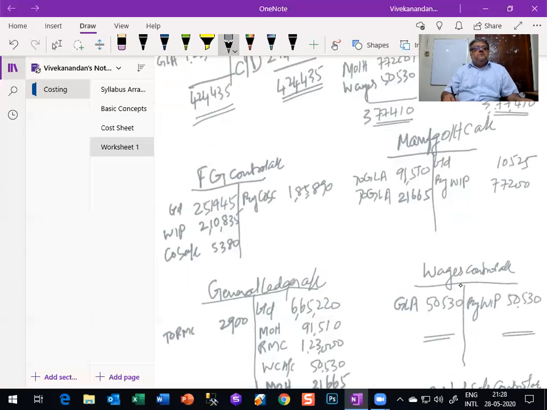Let's put the finished goods control account. 251,945 plus 210,835 plus 5,380 is 468,160.